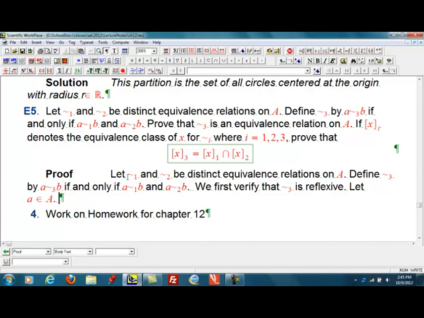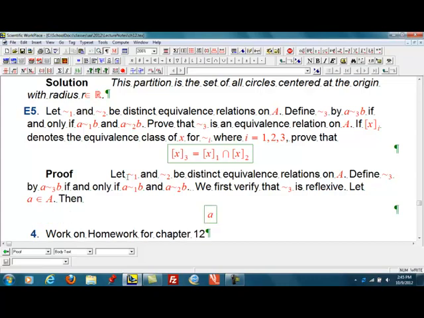Now tell me about A to itself under the first operation. A is equivalent to itself. Yes. A is equivalent to itself under that first operation and under the second, right? Because those are equivalence relations, yes.